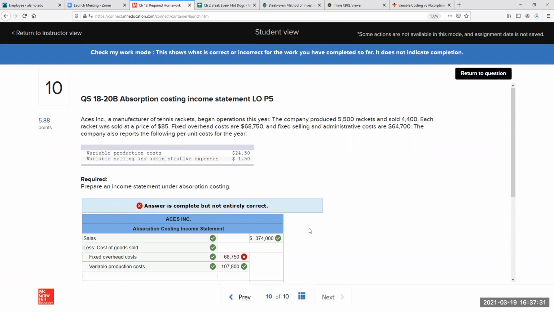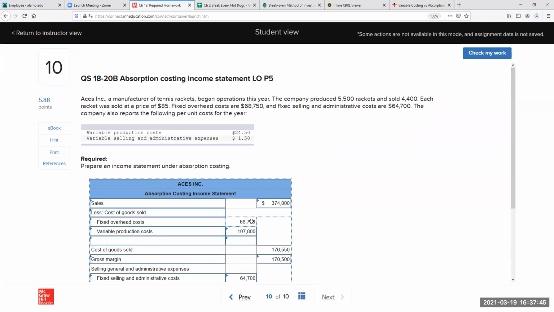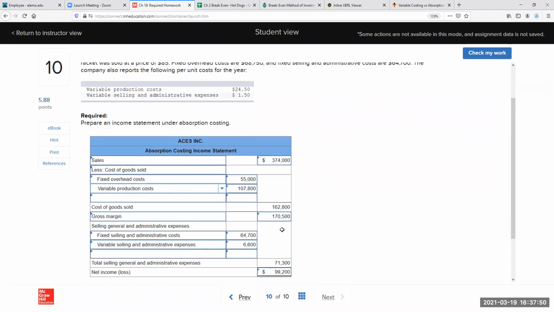68,750 is divided by 5,500 rackets, then multiply by 4,400. Let's see if that's what they want. So what I'm going to do here is 55,000. Okay, so 374 minus 162,800 equals 211, minus 71,300 is 139,900 and 60, and that's 71.